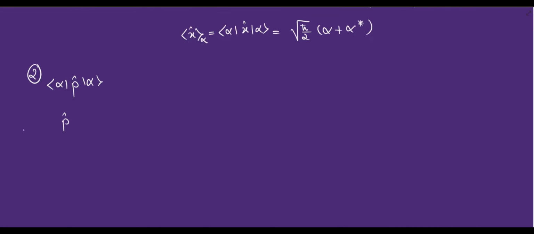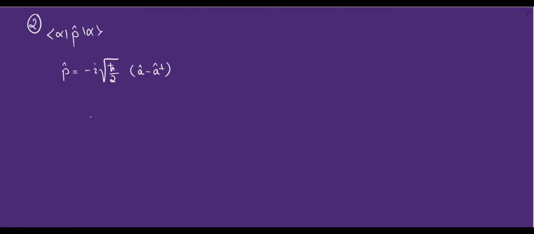So we know that p cap is equal to minus i h bar root of h bar by 2 into a cap minus a cap dagger. Now you should be aware that there are different conventions. So you can take h bar equal to 1, 2, etc. You will get different answers. But the point is, at the end of the day, the answers that you will get will be some multiple times the exact quantity.